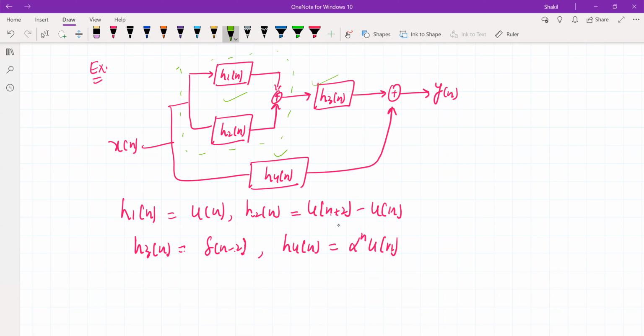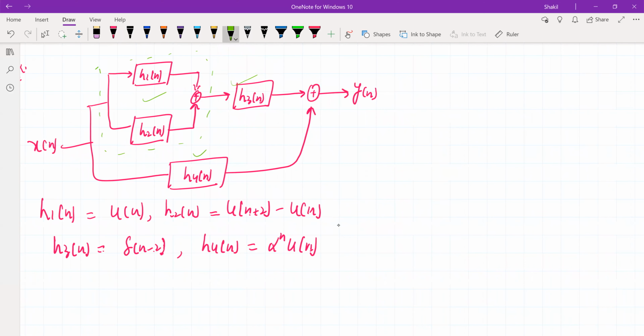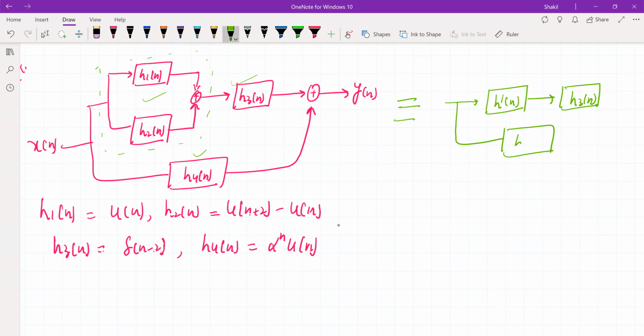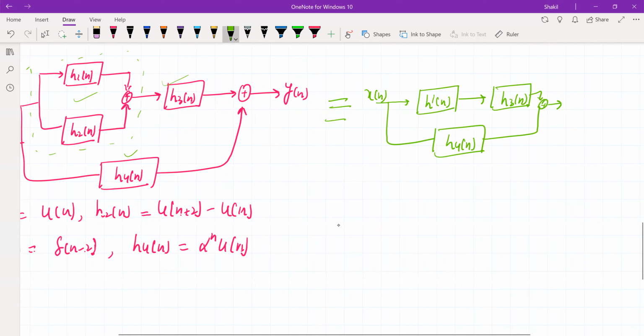So we can replace this by another system, let's call it h dash of n, and the rest will remain the same: this is our h3 of n, this is our h4 of n, with input x of n and output y of n.